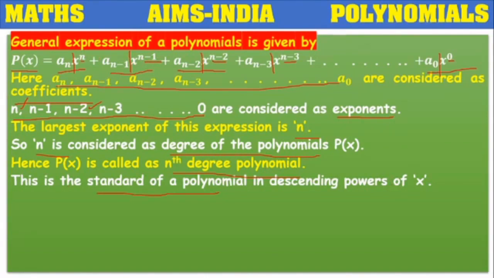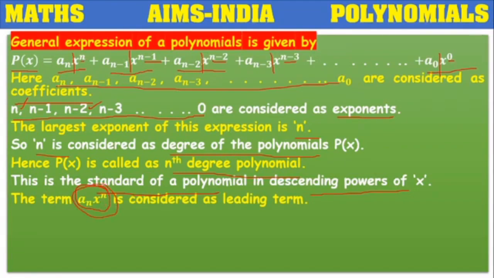That's why this is the standard form of a polynomial in descending powers of x. The term a_n x^n, this beginning term, is considered the leading term. From the leading term, if we go on decreasing the power one by one, we can form this polynomial. That's why this is considered the leading term.